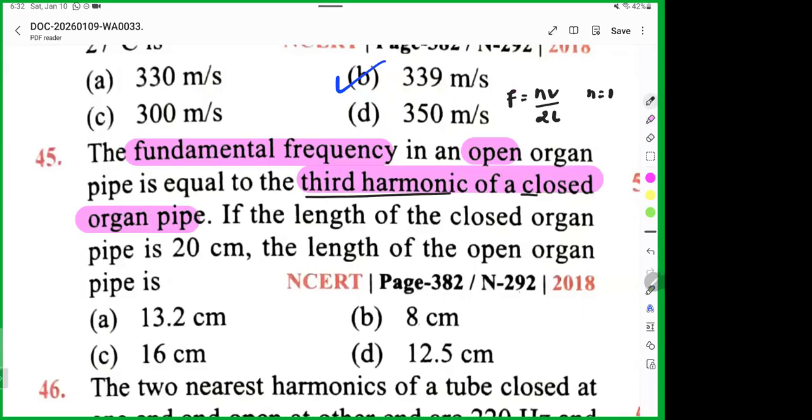Third harmonic of closed organ pipe: in closed organ pipe the formula is (2n plus 1)V by 4L. Here if n value is 1, your frequency will be 3V by 4L. Both are equal.